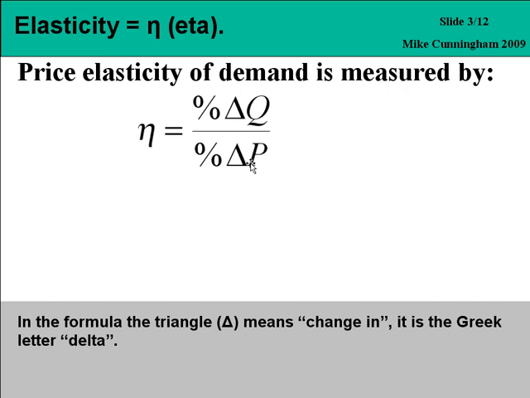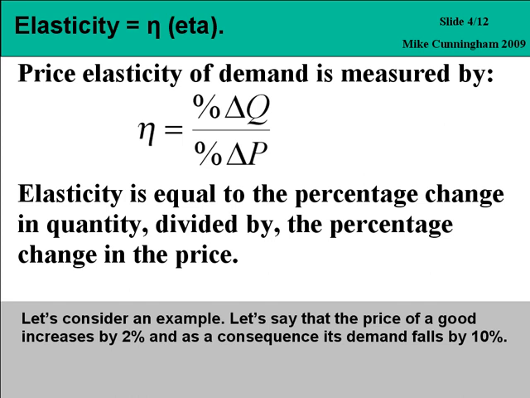If you divide 10% by 2%, you just get 5. There are no units. And that's important because elasticity does not have units. Elasticity is just a number. So that's our formula. Elasticity is equal to the percentage change in quantity divided by the percentage change in price. That's what you've got to know.